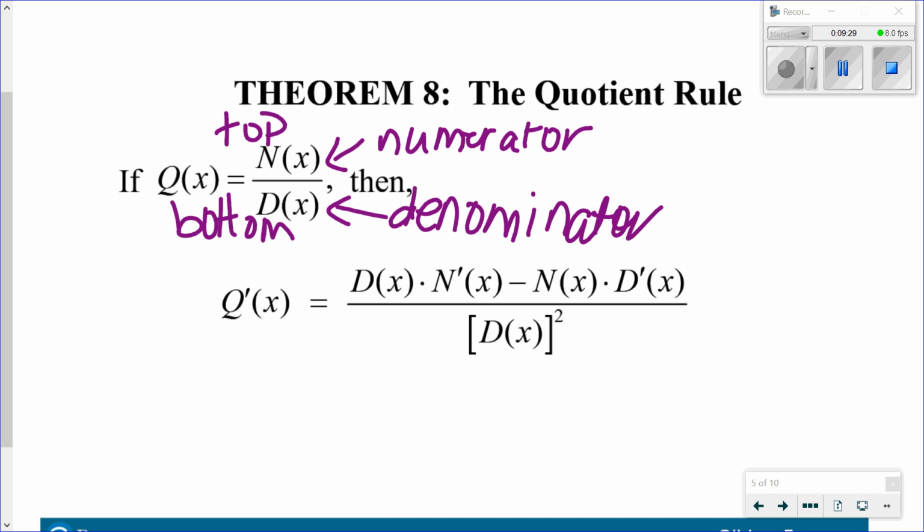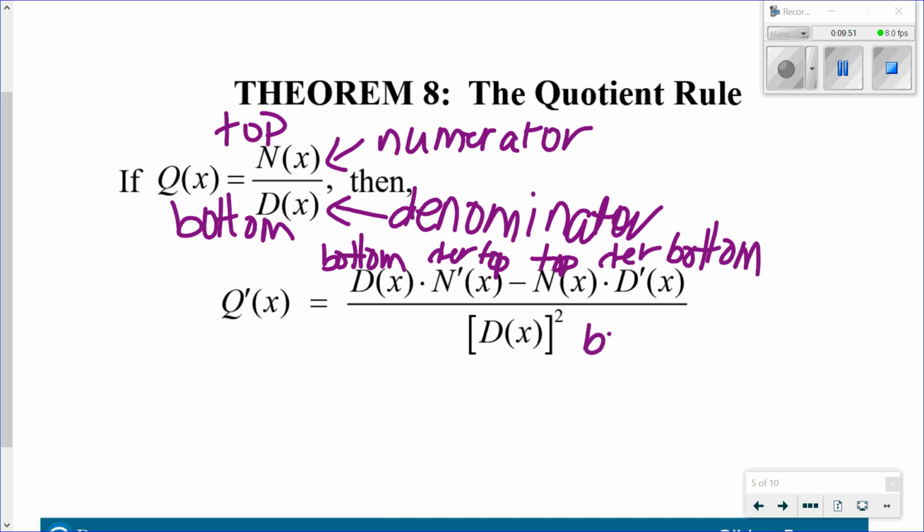So this is, and I'm going to use the words bottom and top. Bottom, leave it alone. Write the bottom exactly as it appears, times the derivative of the top minus top, leave it alone, times the derivative of the bottom, and all of that is over bottom squared.